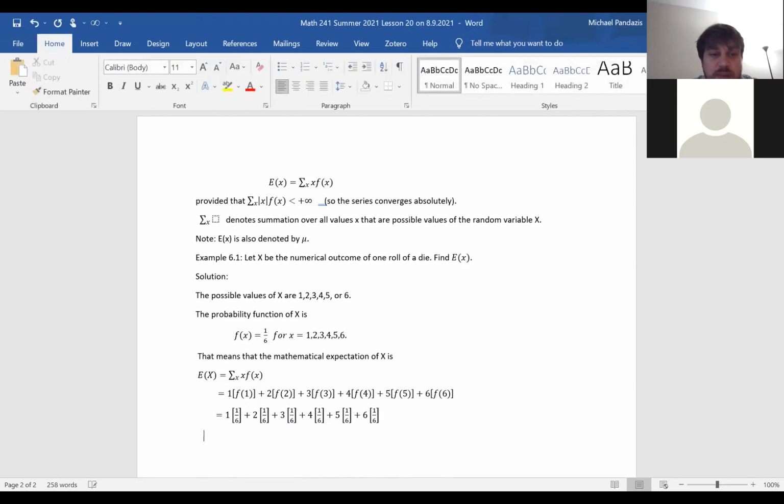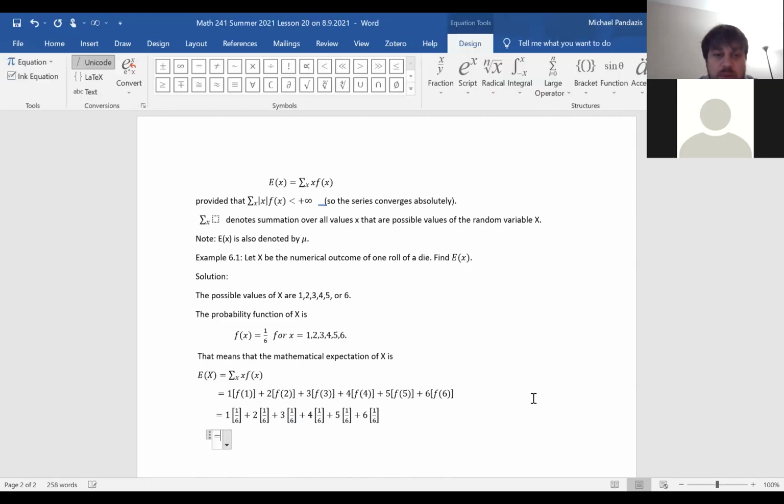And so now you have the sum of products of this form. This is equal to 1 plus 2 plus 3 plus 4 plus 5 plus 6 times the distributed 1/6.